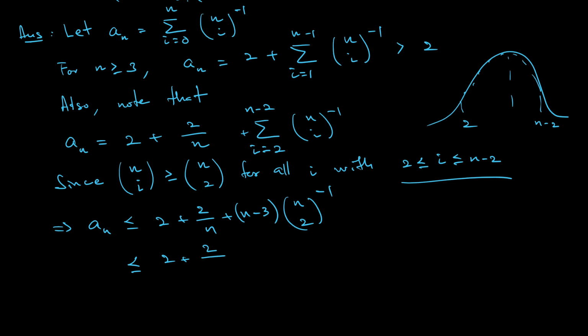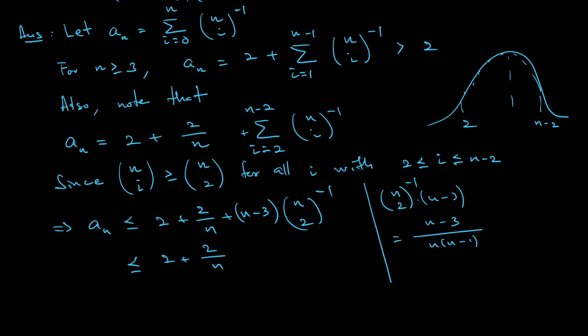Do not change the first two terms. Okay. Let me write here. N choose 2 to the power negative 1 multiplied by n minus 3, right? That is equal to n minus 3. N choose 2 is n times n minus 1 over 2.